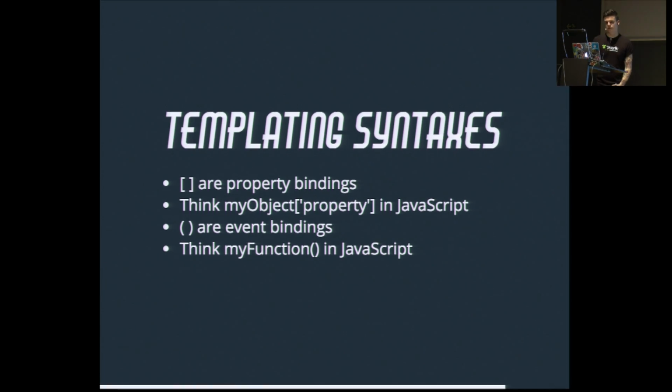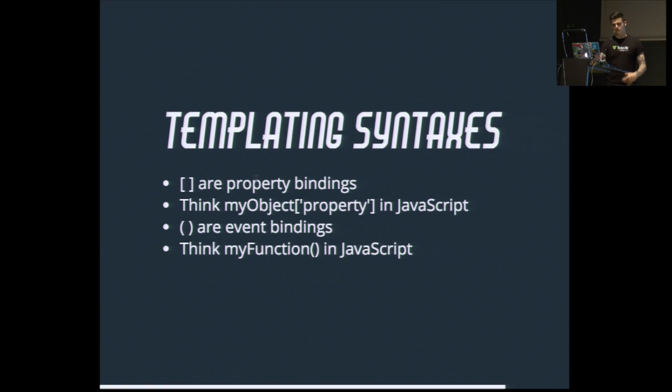Quick note on template syntaxes. I'm trying to whiz through this. In JavaScript, if you've got an object, you can dynamically look it up via square brackets using a variable called key, but you can also do myObject.property or .foo, or look it up as a string if it's got a weird character in it.